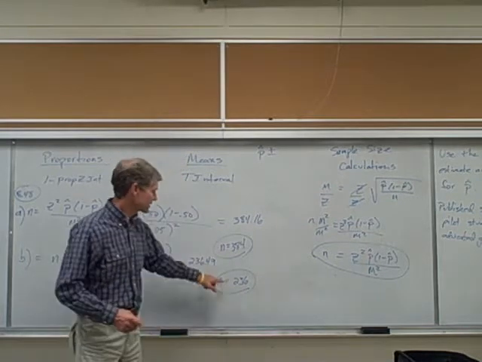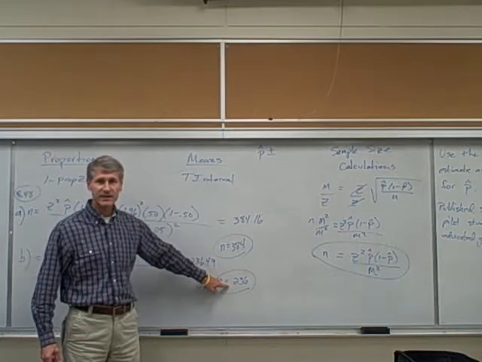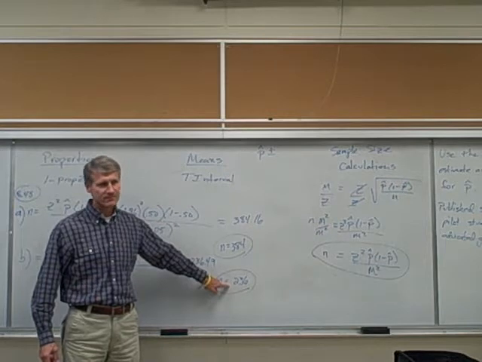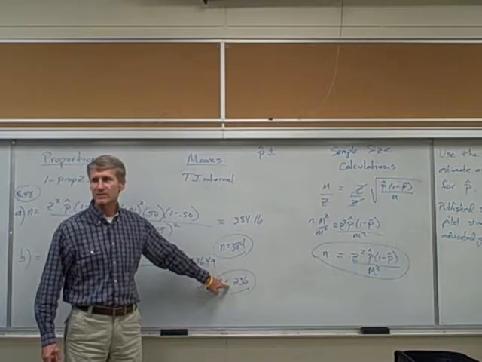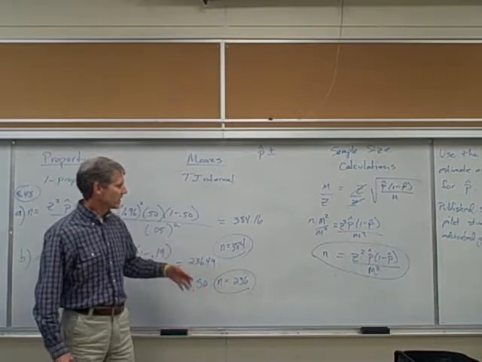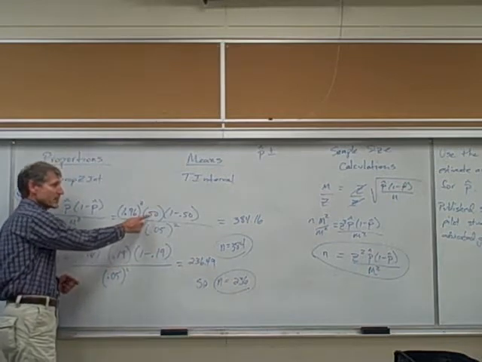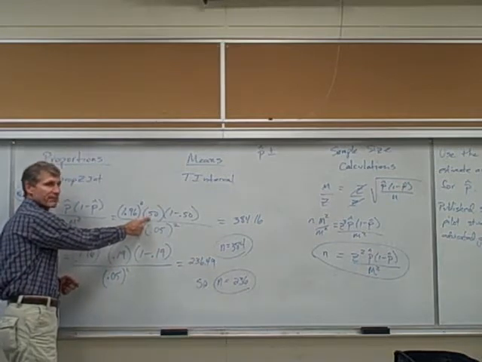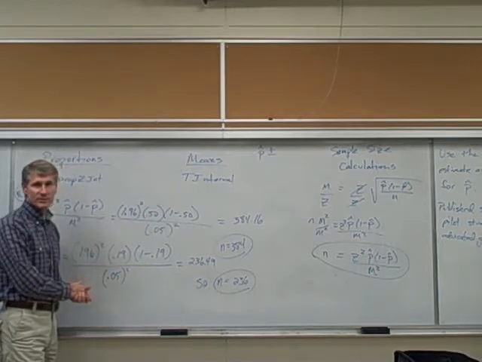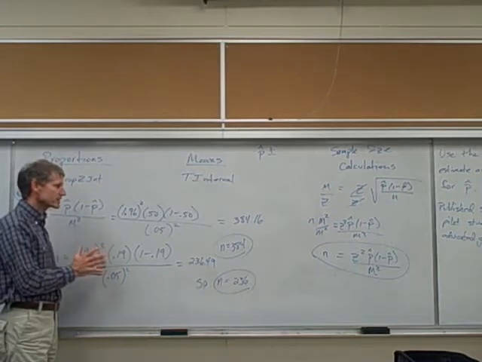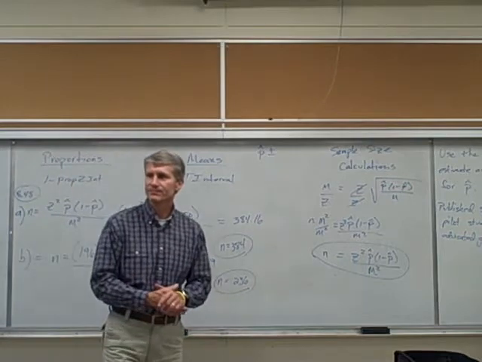Well, you added about 150 extra people, right? 150 times 100. That's a lot of extra money. So if you're pretty certain that your p is going to be quite a bit smaller or quite a bit bigger than 0.5, then use it because it'll save you a lot of resources. If you really don't trust any previous estimates, then go with the 0.5, but that's the worst case scenario.